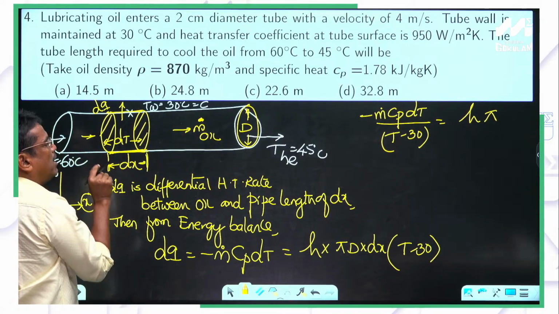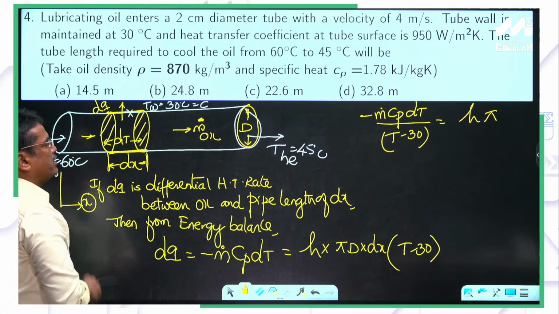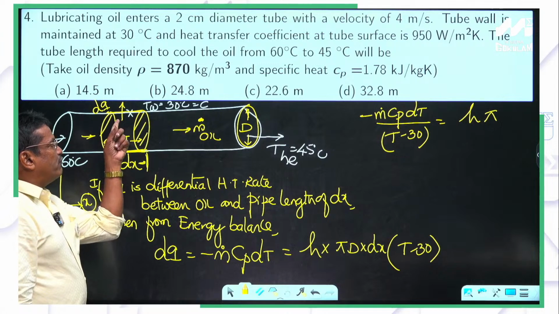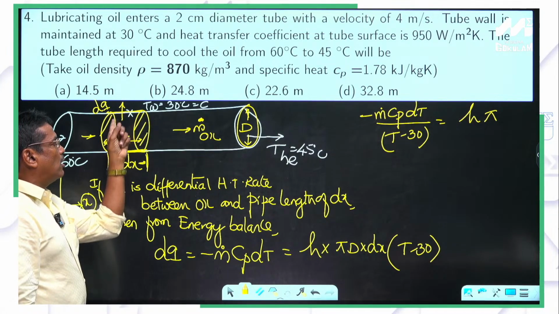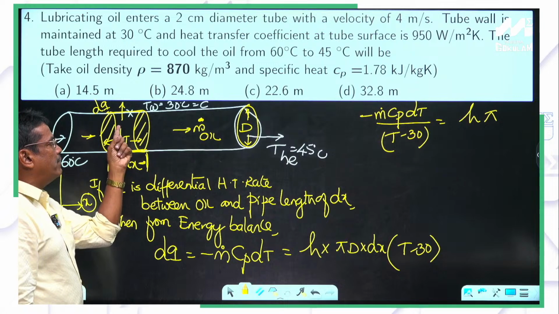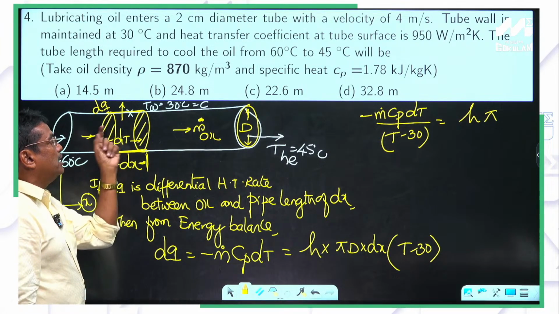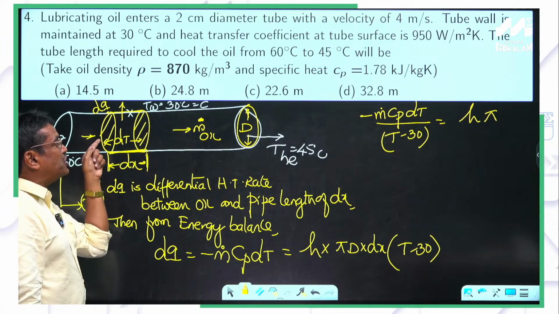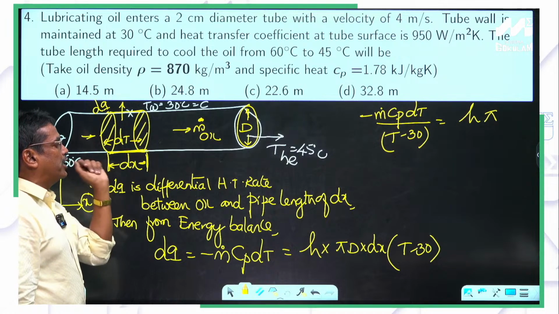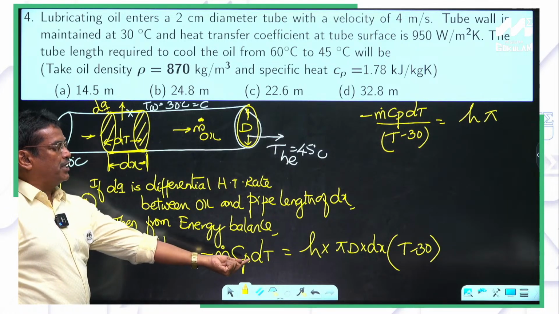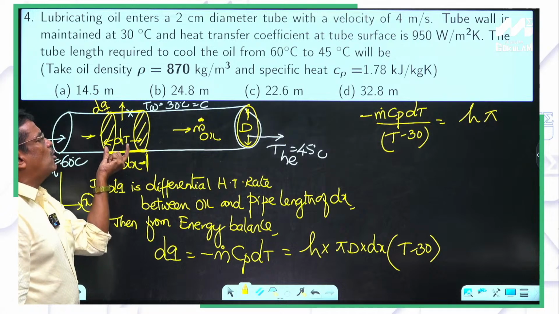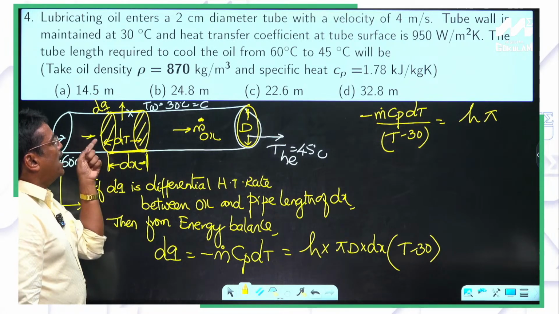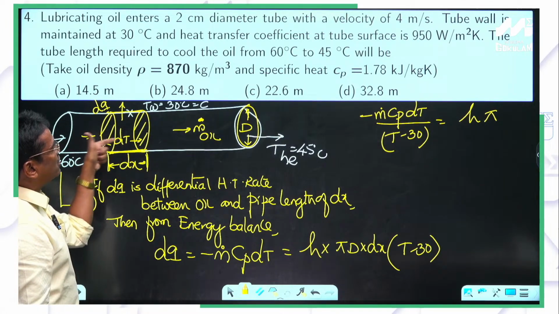Here the main point you have to understand is, what is the differential heat transfer rate between the oil and the pipe wall? That should be equal to the differential decrement in enthalpy of the oil given by m dot Cp into dT. What is this dT? Differentially small temperature drop of the oil as the oil travels a distance of dx.